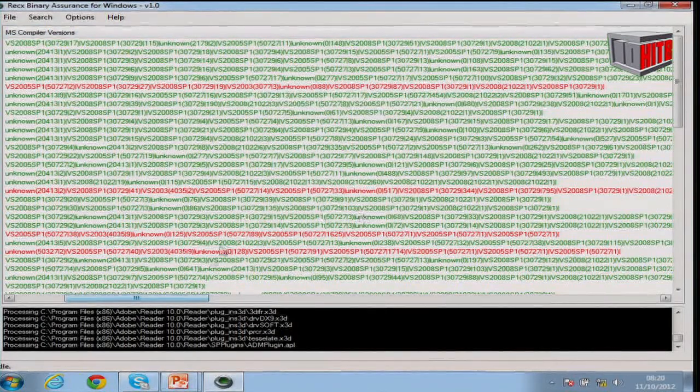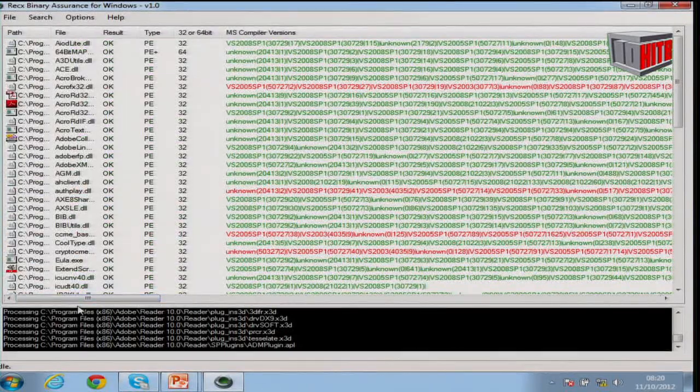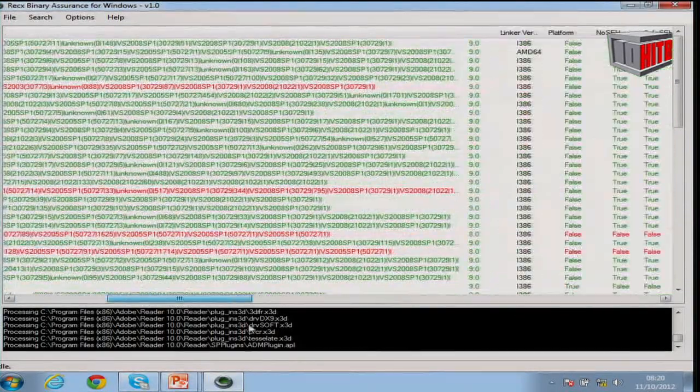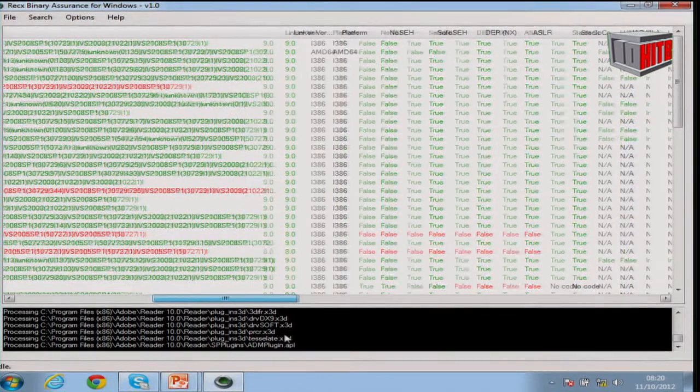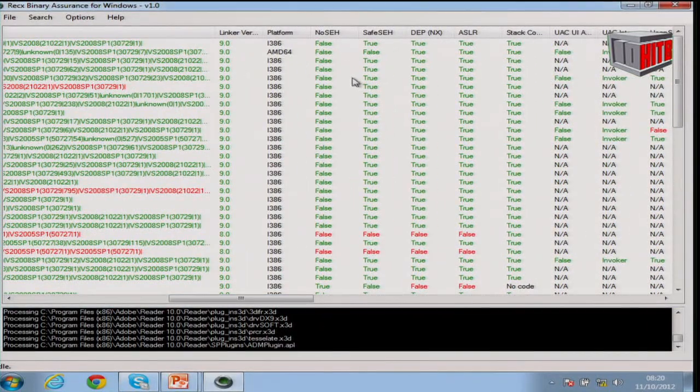Why is that flagging? Can't see why, but there must be a Visual Studio 6 somewhere in there. So we get the compiler versions out, and whether or not we need to worry about them. And again, we can see whether or not they don't use SEH, and if they do, whether it uses safe SEH, does it use NX, ASLR, stack cookies, and the UAC integrity level.